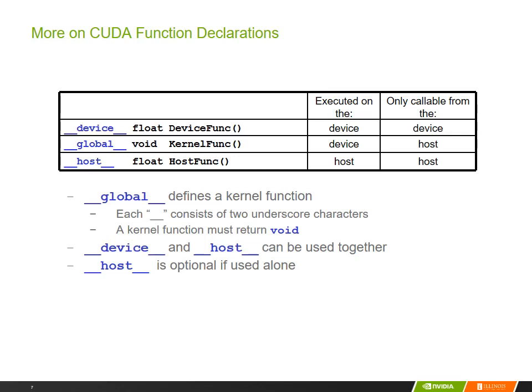And the bottom one shows the host function. These are the traditional C functions, and they're preceded by __host__. These host functions are executed on the host and only called from the host. The top row shows an additional type of function in CUDA that we have not described, which is __device__. These functions can be called by the kernel function in order to perform some sub-computation for the kernel function.